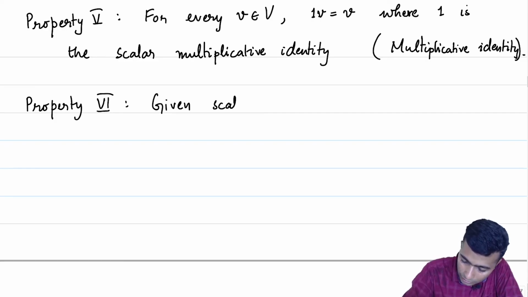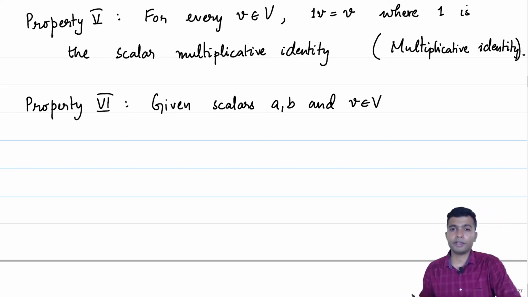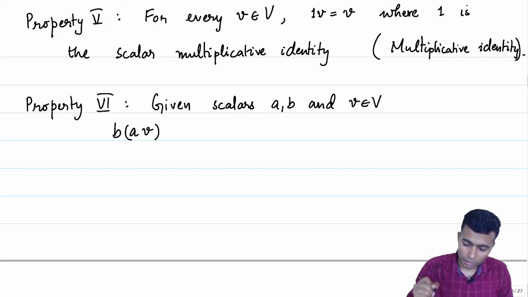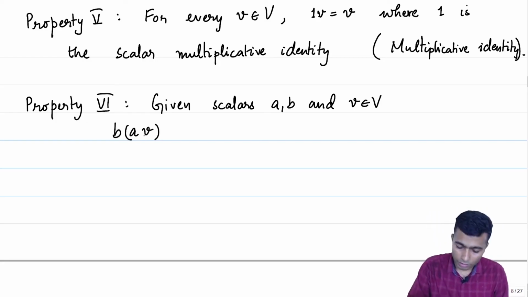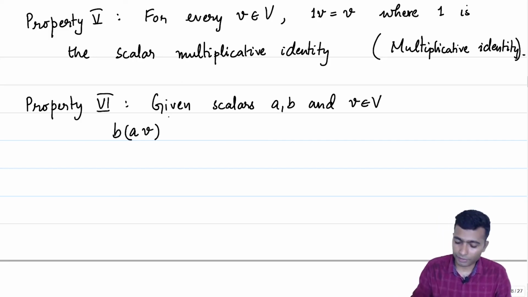Given scalars a, b and an element v in capital V, let us look at a v and then b on a v, that means scalar multiplication of a to v and then the scalar multiplication of b to the element a v in capital V. Remember that a v is an element in capital V, right.